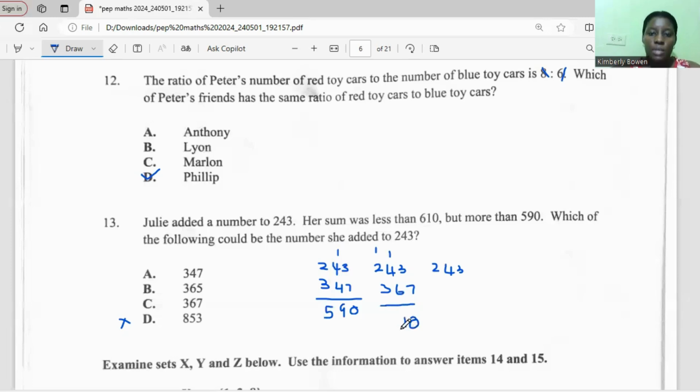So this is going to give me the 16. All right, so I know the correct answer is 365 now. Because this one is 490 and this one is 610. I actually want something less than 610, but more than 590. And the correct answer would have been 365.